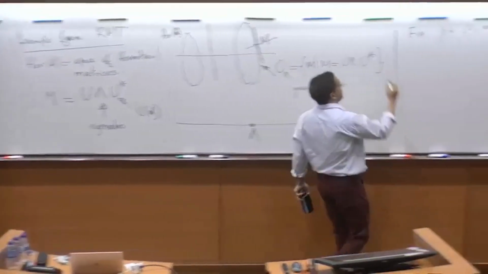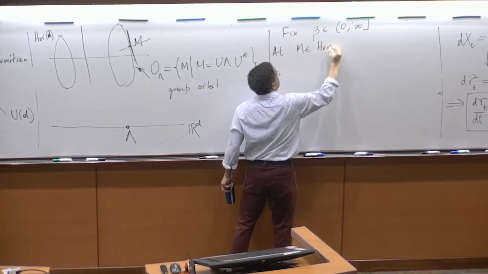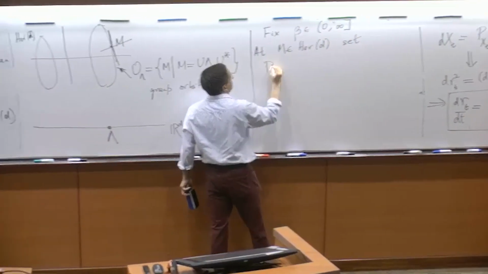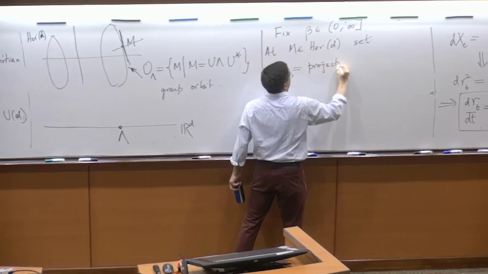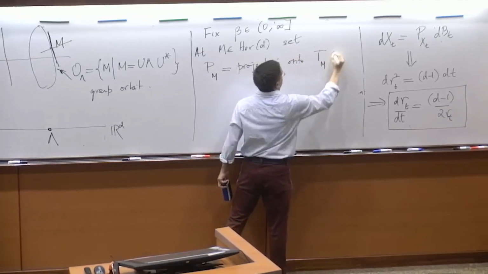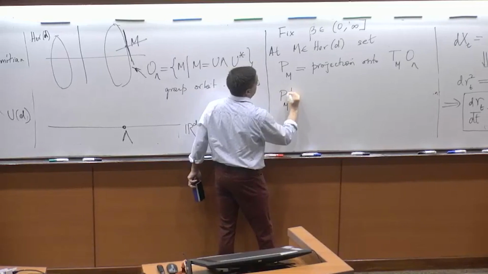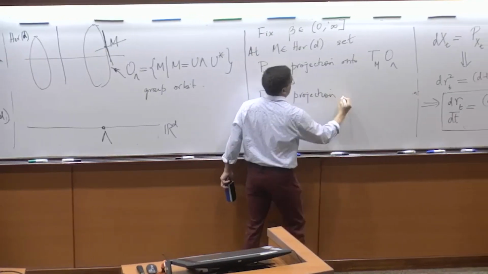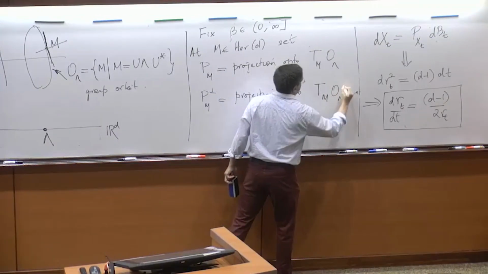And so at any M belonging to Hermitian D, set P_M equal to projection onto the tangent space, and let's say P_M perp to be projection onto the tangent space of M or lambda.